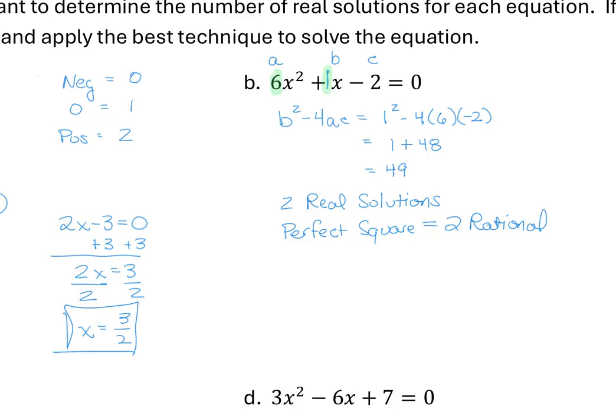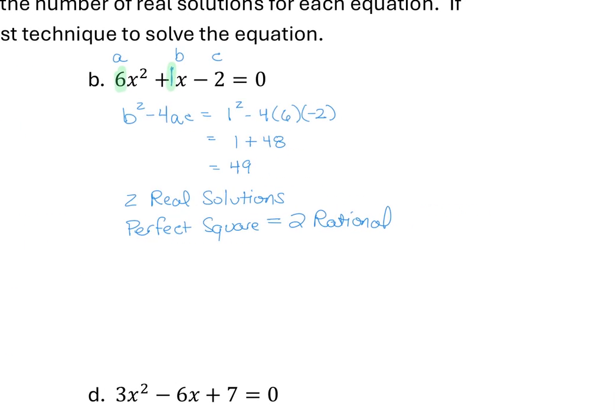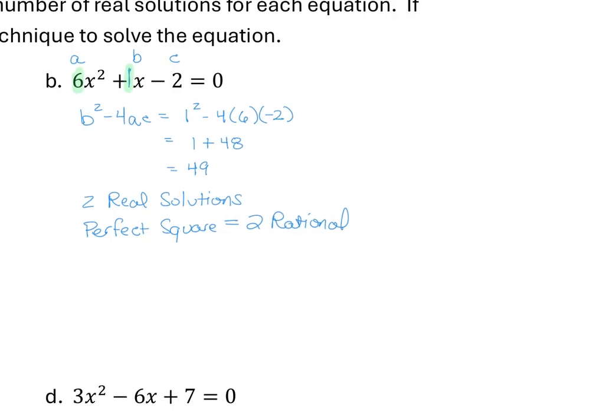So I'm going to go ahead and factor on this one as well because I can. And so if we factor this, for 6x squared, I'm going to try 3x and 2x. The only things that multiply to 2 are 1 and 2.